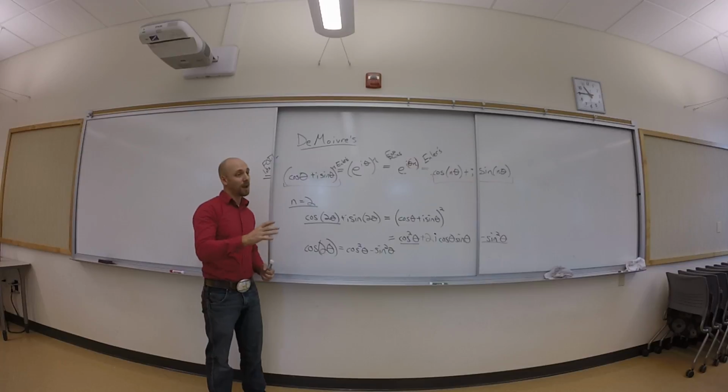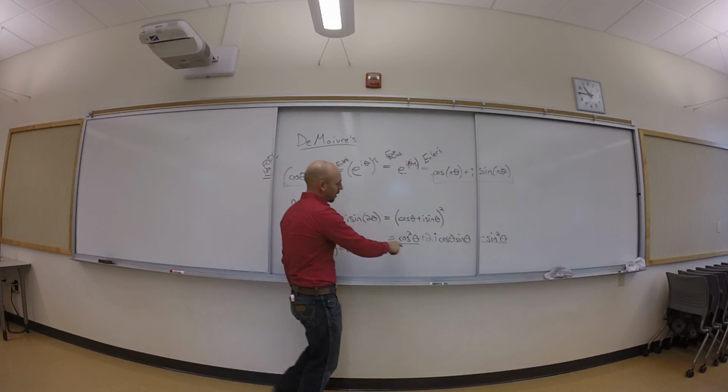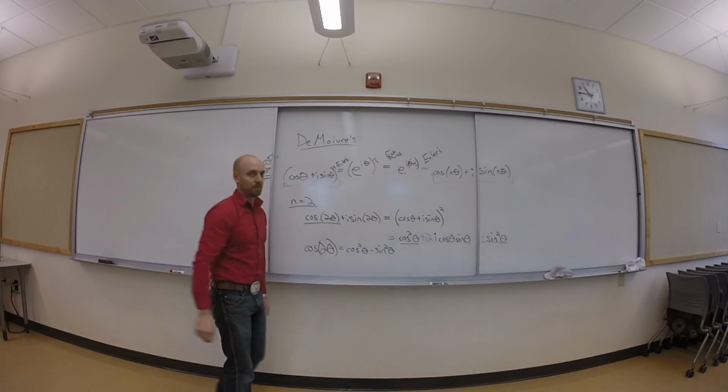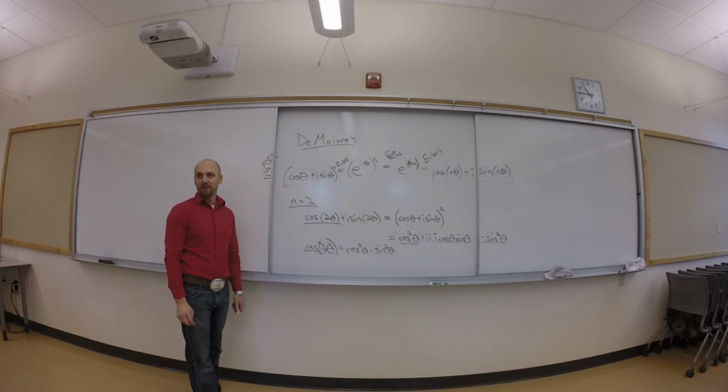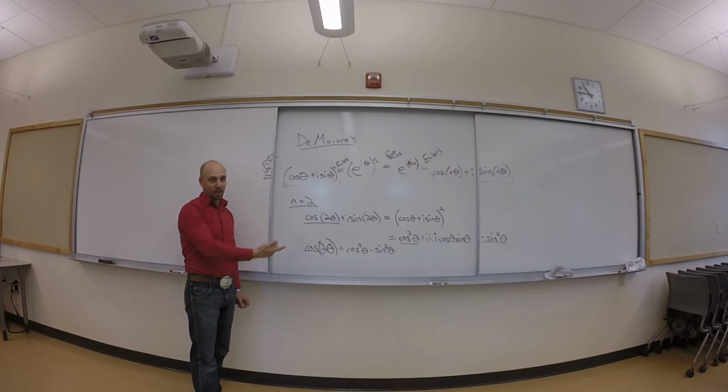The bits without the i's have to be the same. So this bit doesn't have an I, and on the other side, this bit and that bit don't have i's. You guys with me on that? What is this thing? Somebody said it. Double angle. Say that louder. Double angle. Yeah, thank you. You guys see that? That's the double angle formula.